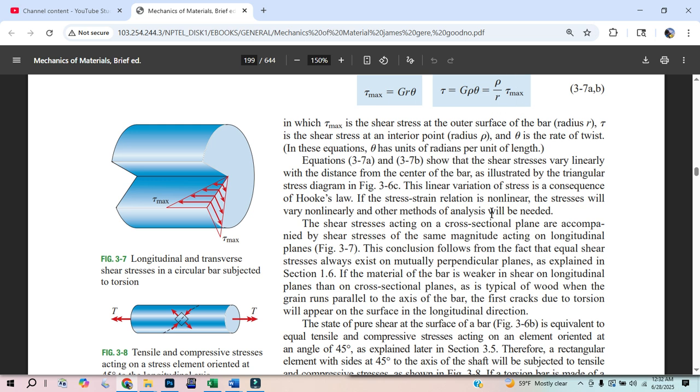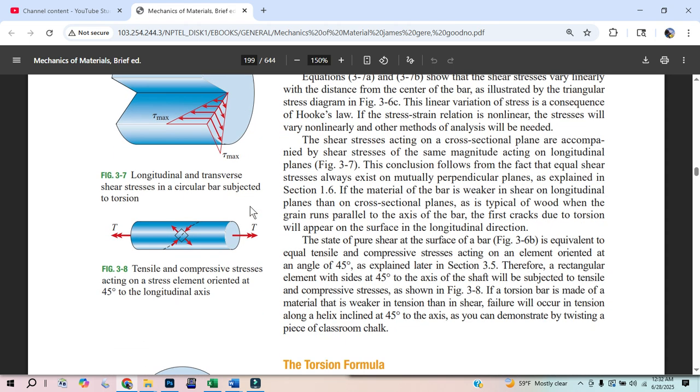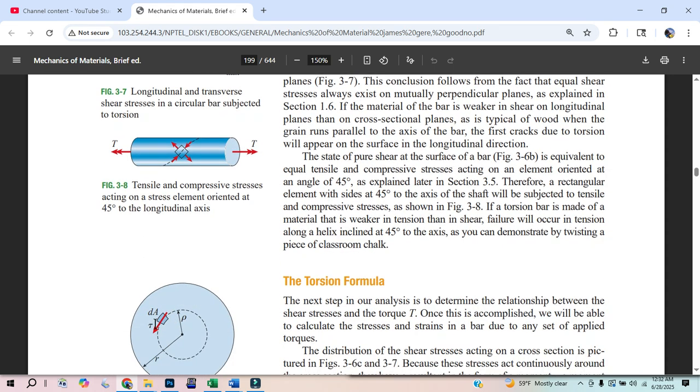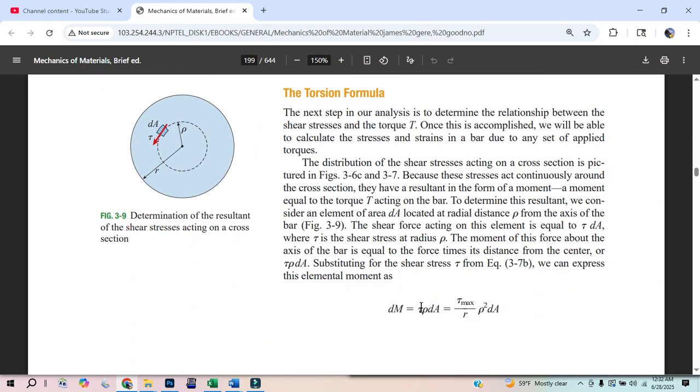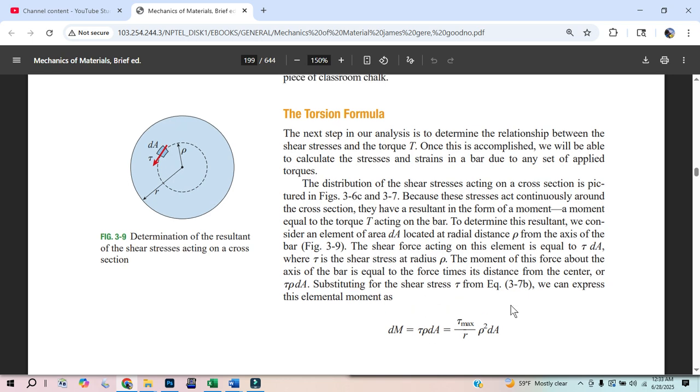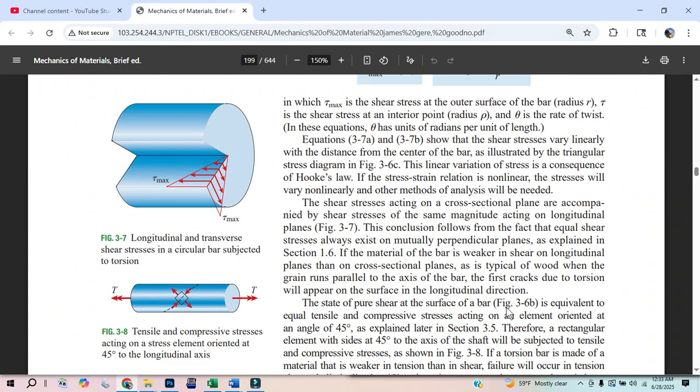Like, damn it, that's the equation? That's the nuts and bolts. So we talked about that. So that's tau: tau is rho divided by R, times tau max. Hell yeah. And we integrated that. Tau is tau max divided by R times rho, dA is rho d rho d theta. Hell yeah. All right.